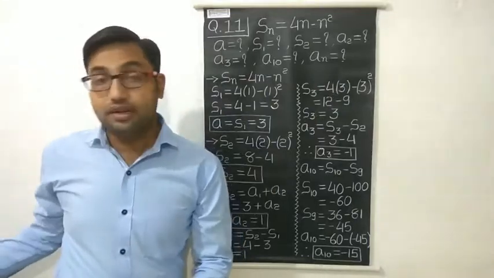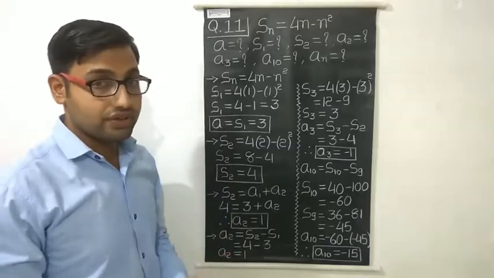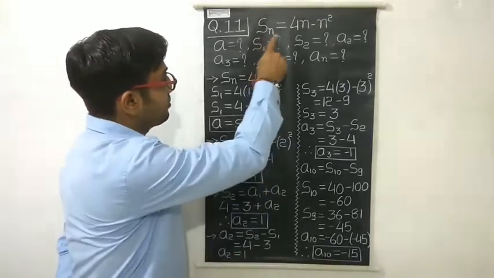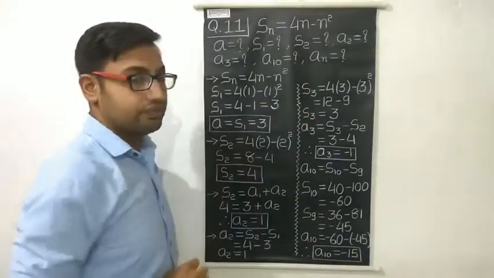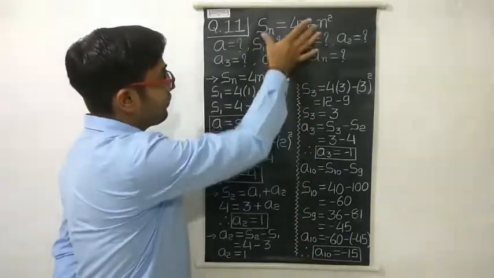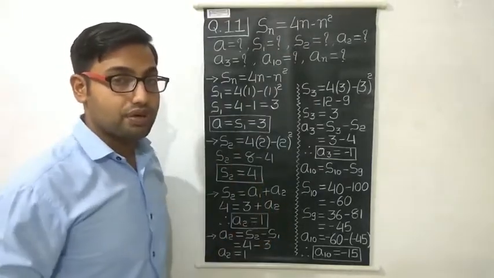So here, see, we are not given the value of the first term and the common difference. Instead of that, we are given the sum of the first n terms in terms of n. That means using this formula, we can find the sum of any number of terms.